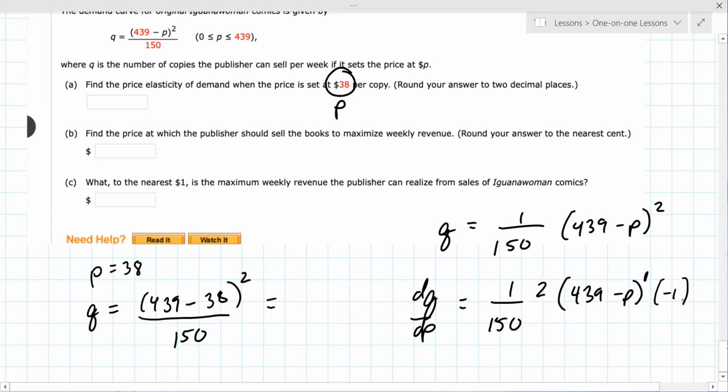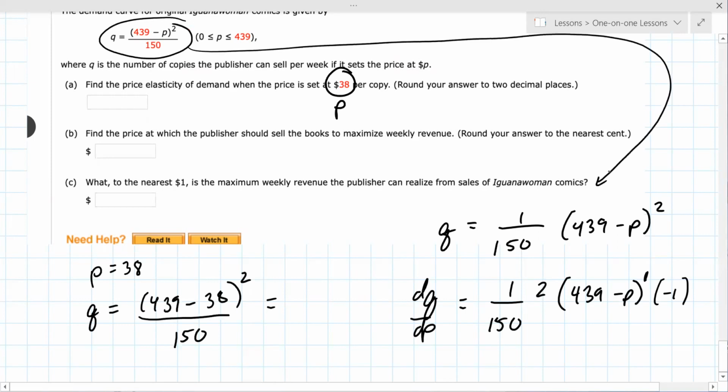Wait, I think I'm lost. Why does it say Q equals 1/150? That's just rewriting it in another way. The 150 on the bottom can be brought out in front as a fraction, 1/150. It's easy to think that this is the quotient rule, but it's not.